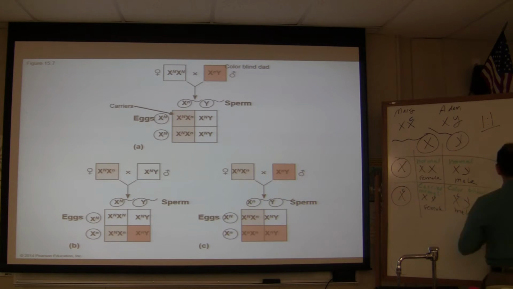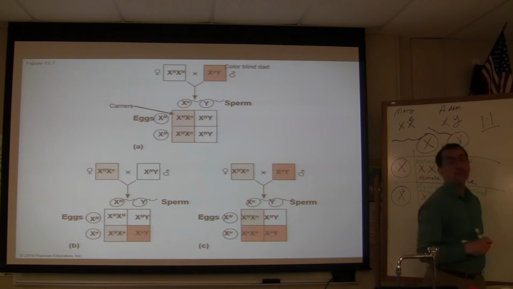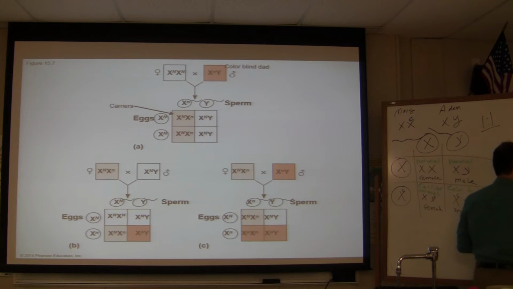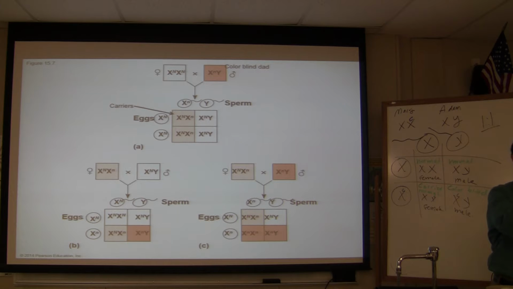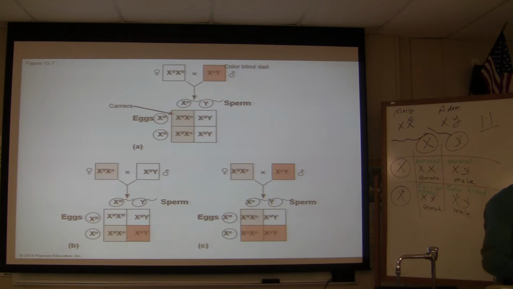Your textbook did mention it. They have a daughter, and that daughter is what? Colorblind. That daughter sees this as gray.